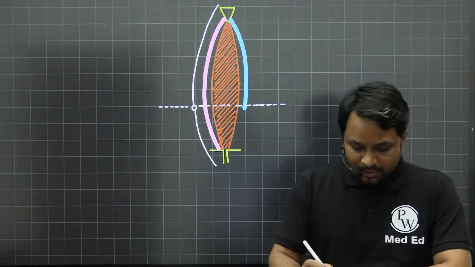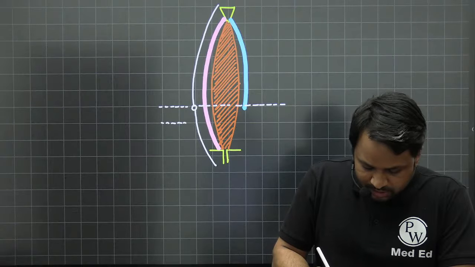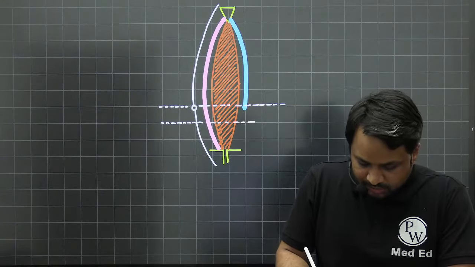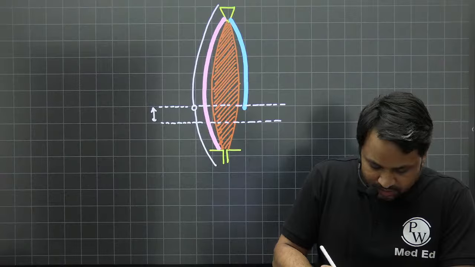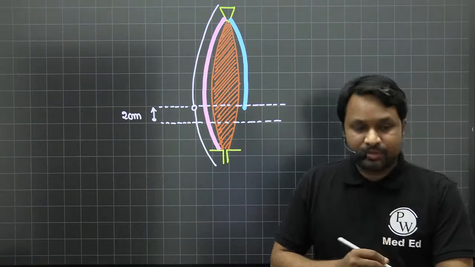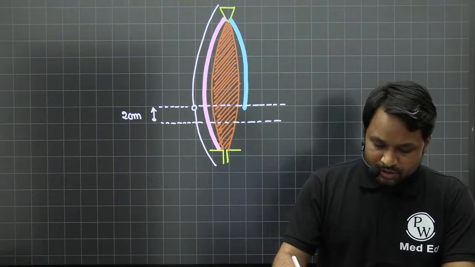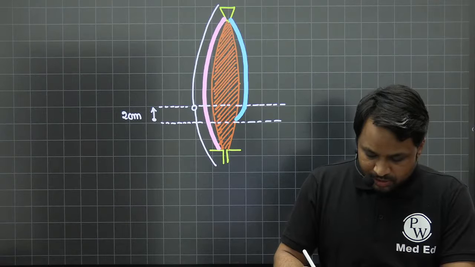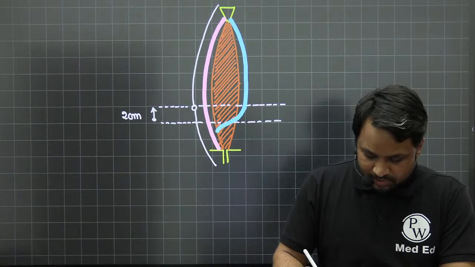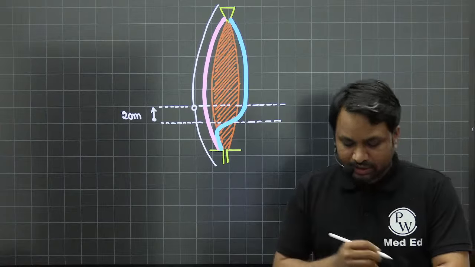Now from the umbilicus, you come around 2 centimeters below. 2 centimeters below the level of the umbilicus, the posterior rectus sheath starts to pierce the rectus abdominis muscle, becomes anterior, and merges with your anterior rectus sheath.